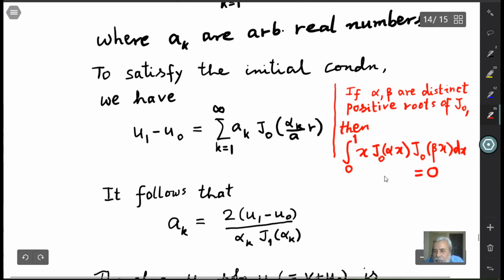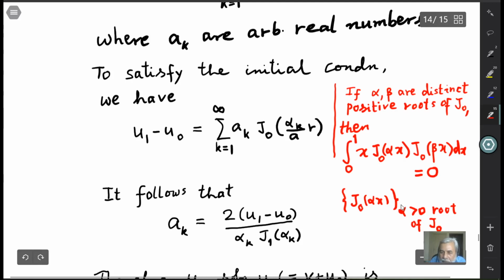So if you consider this family of functions J0(alpha x), alpha a positive root of J0, this collection of functions over the interval 0 to 1 is orthogonal with this weight.